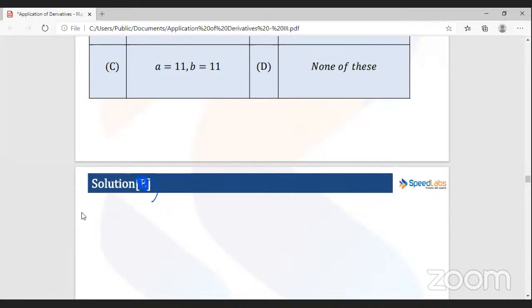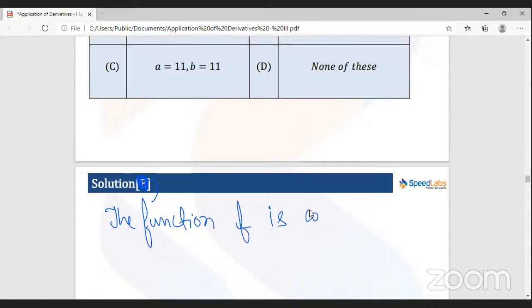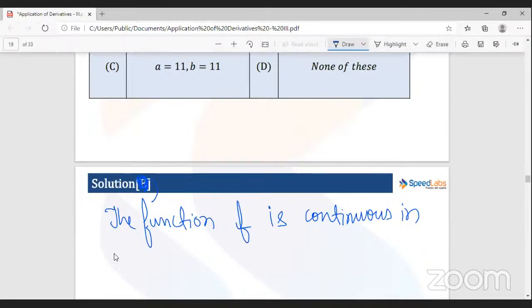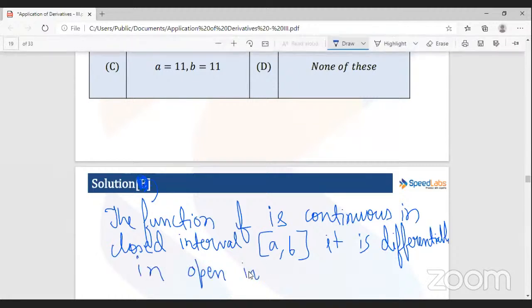Okay, so first, let me explain in brief about Rolle's theorem. If the function f is continuous in the closed interval a to b, it is differentiable in the open interval a to b.